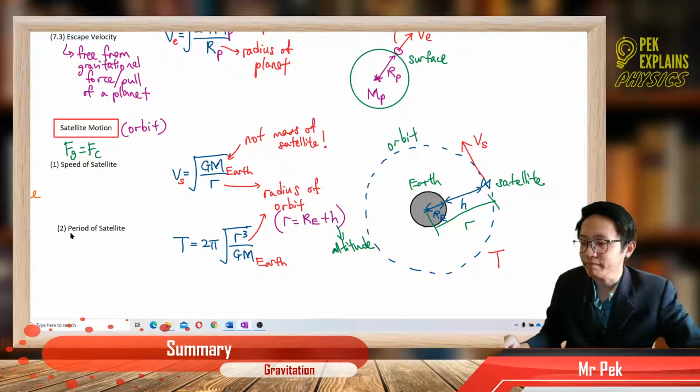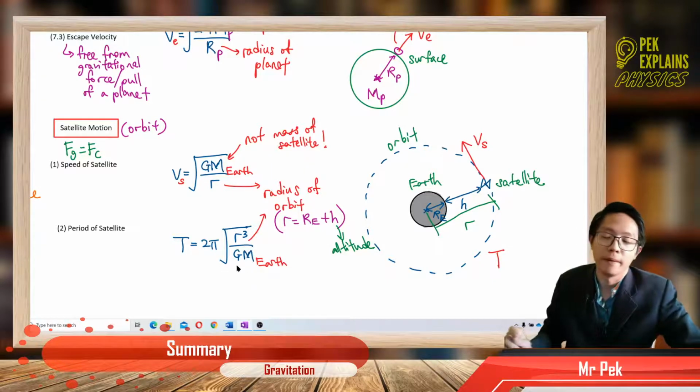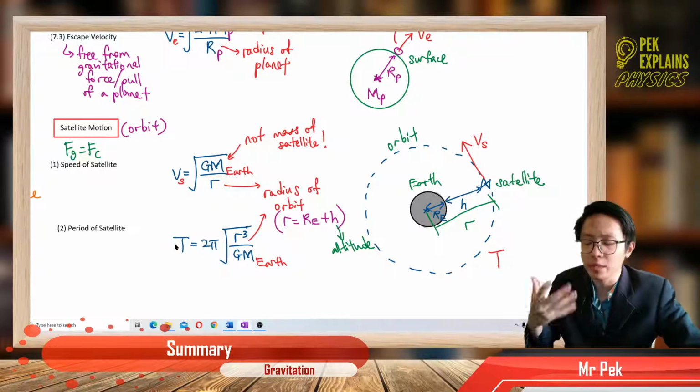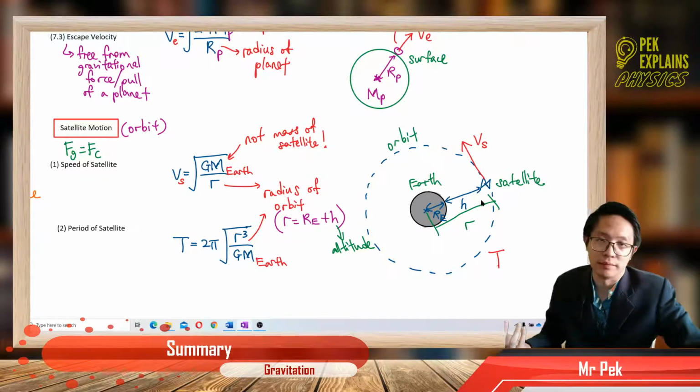Alright. Period of satellite. The period of the satellite is 2 pi square root of r cubed over GM. So this is also the mass of Earth, and this r is also the radius of orbit, which means radius of Earth plus altitude. What is meant by period? Period means the time taken to complete one circle, one revolution.